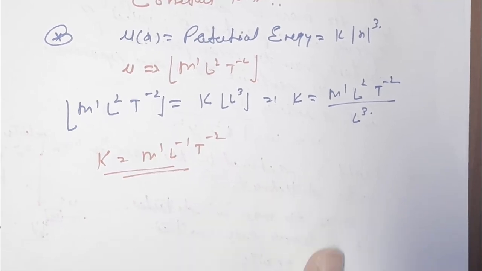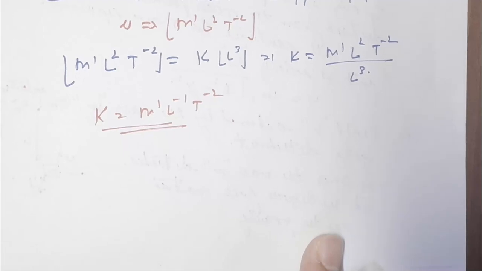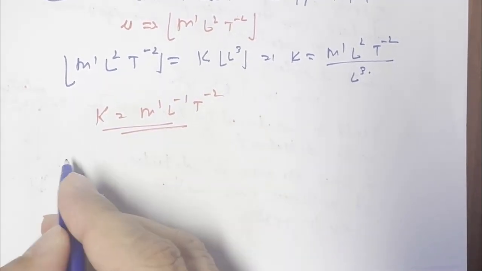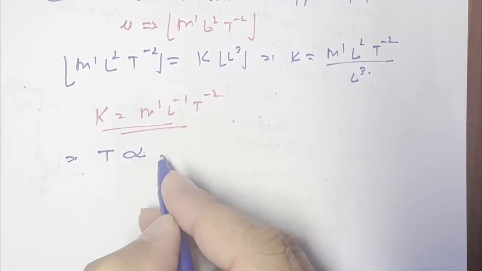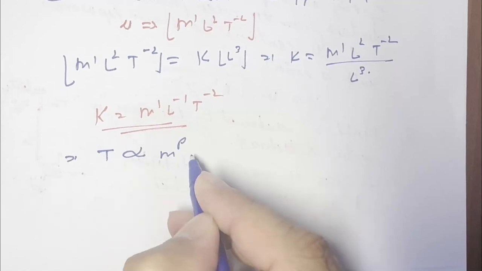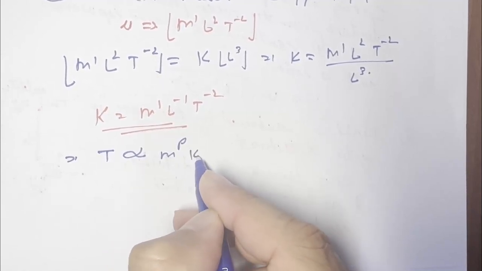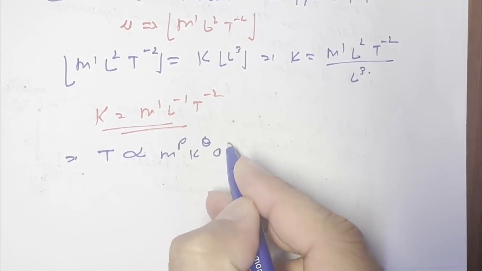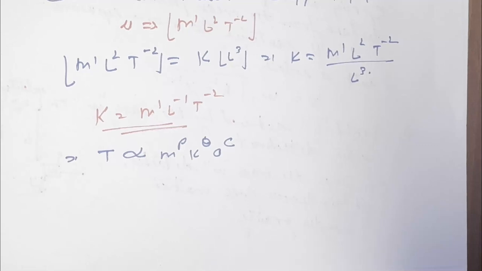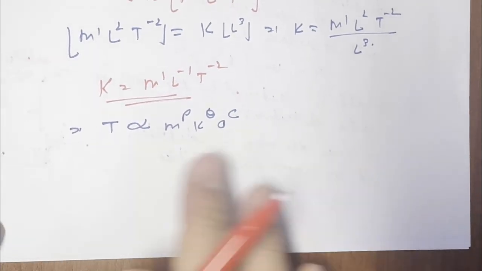Now we start with our proper dimensional analysis process, which states that T is proportional to m raised to power P, k raised to power Q, and amplitude raised to power R. We substitute the dimensions.